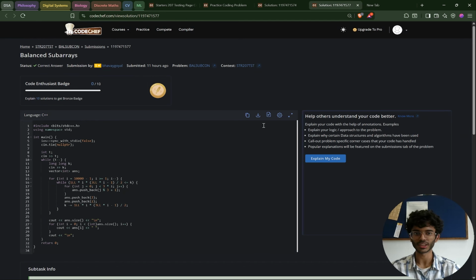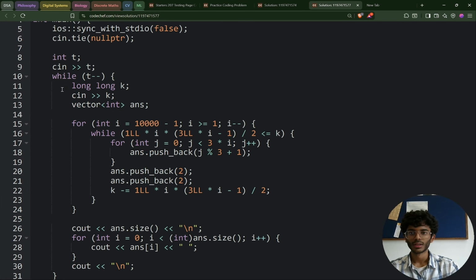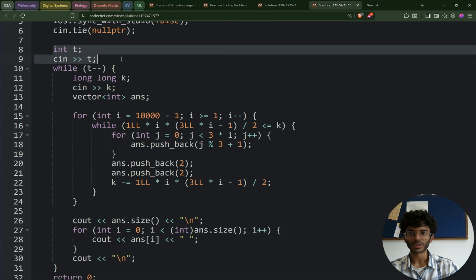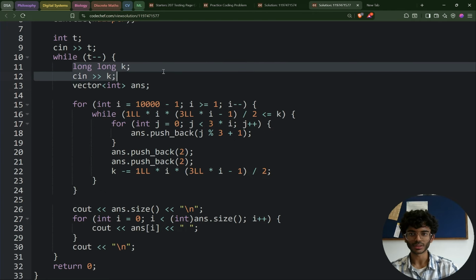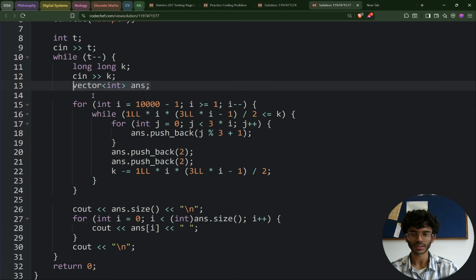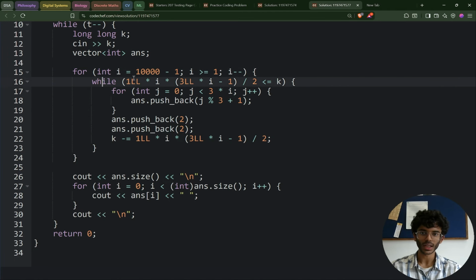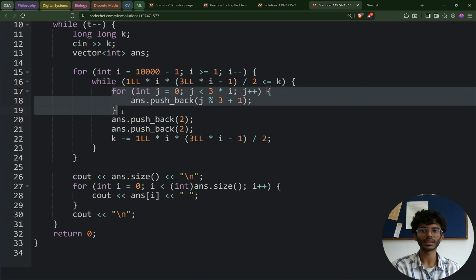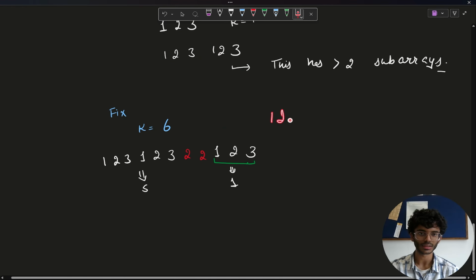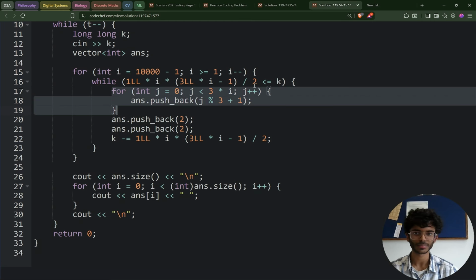Now let us see the solution in C++. We'll begin by taking in the input of the number of test cases. We'll take in the input of k. We'll define our answer vector. We'll run a loop from the largest possible value of i to 1. Now while this summation of AP is less than or equal to k, keep appending the subarray 1, 2, 3, 1, 2, 3, 1, 2, 3, i number of times.